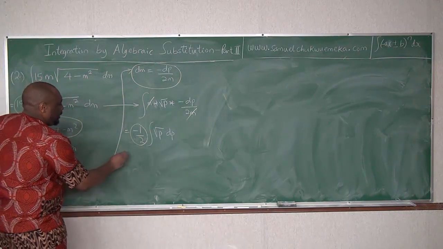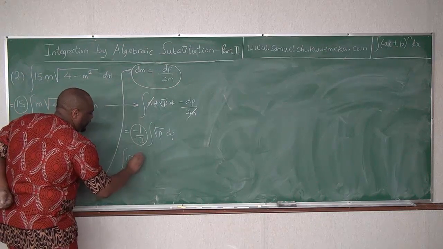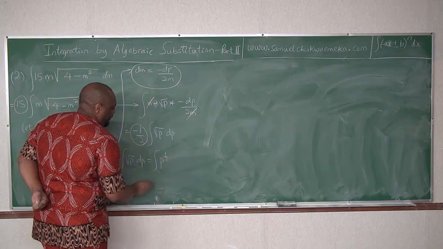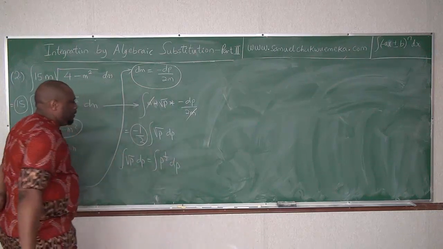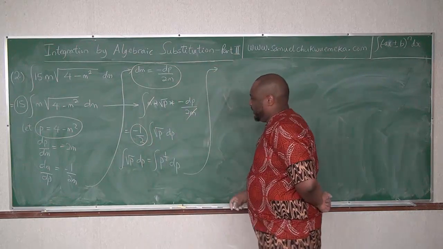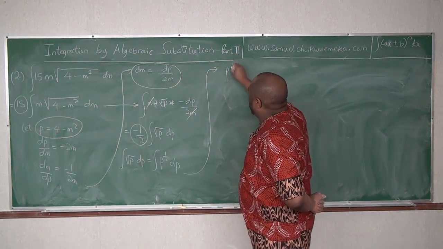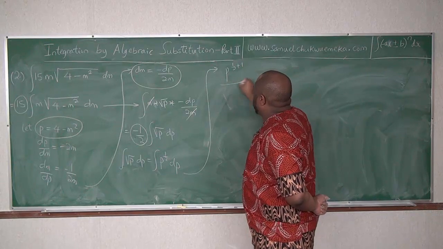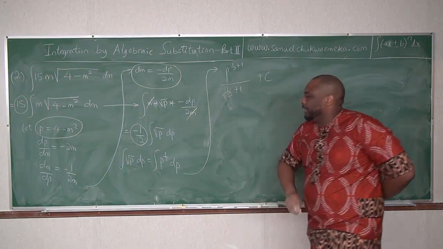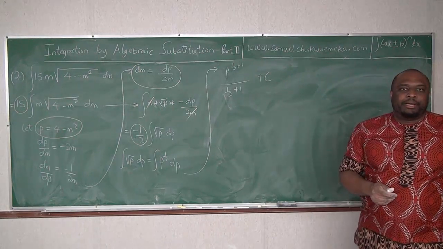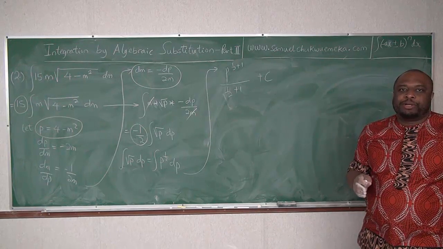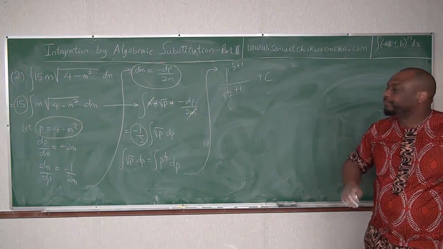The integral of square root of P dP is the integral of P to the 1/2 dP, which gives us P to the 1/2 plus 1 all over 1/2 plus 1, plus C. You now put your arbitrary constant of integration.